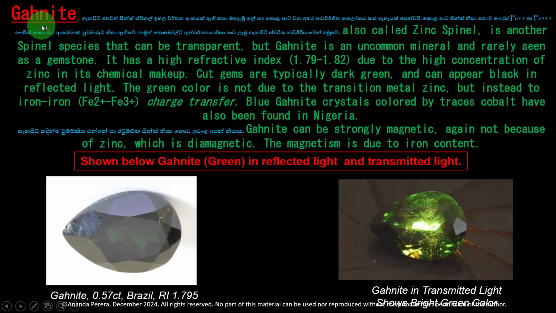Here it is, gahnite. The name comes from zinc. The metal zinc comes with the spinel, then it becomes gahnite. It is a spinel species that can be transparent, but gahnite is uncommon.